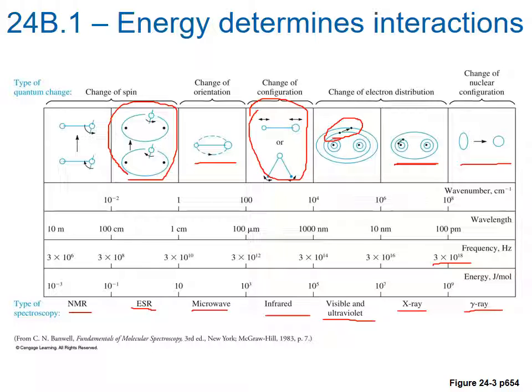That only works with nuclei that have spin, but protons have spin, and so that's one of the most common things that we do for analysis of organic molecules that have lots of hydrogens in them and lots of carbons in them. Carbon-13 also has spin that we can measure this way. So essentially we're seeing that depending on the type of energy we put in, we can get different information about the molecule.